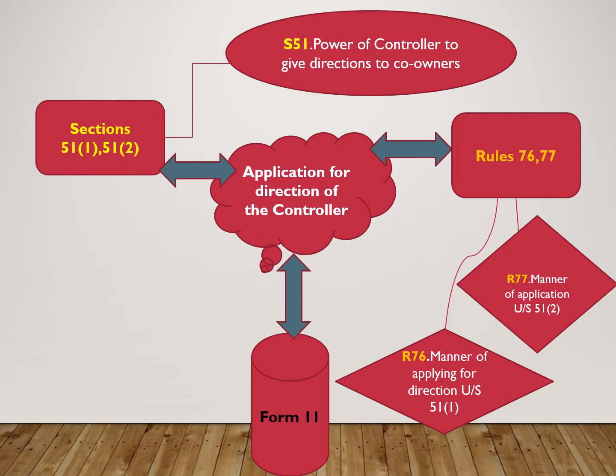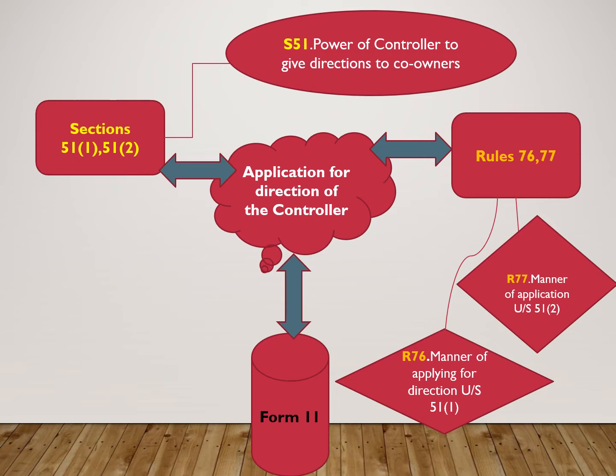Okay, so the form number is form 11. The title of this form is Application for Direction of the Controller. Fine. This form is related to sections 51 and 52, especially section 51 subsection 1 and section 51 subsection 2. So what is section 51?